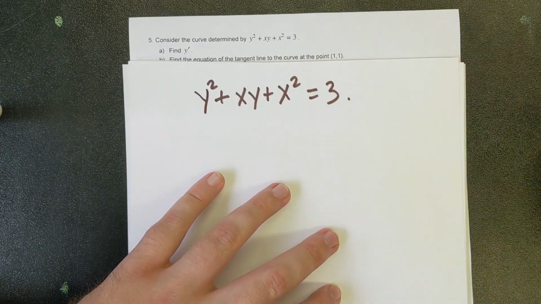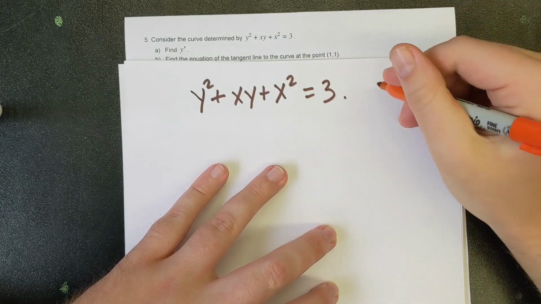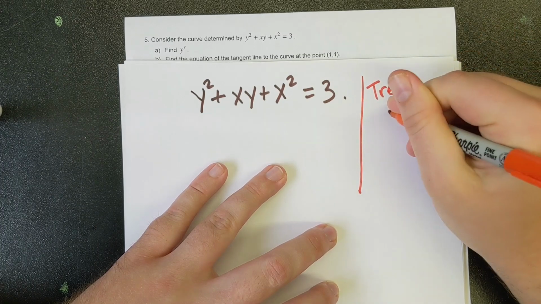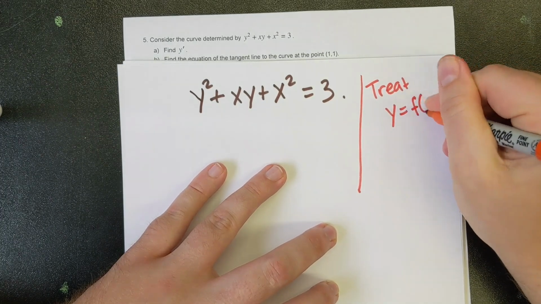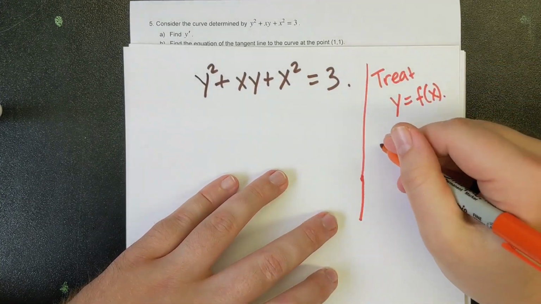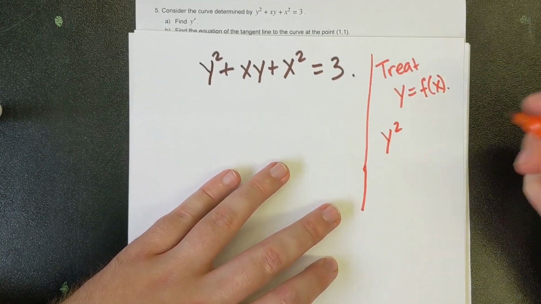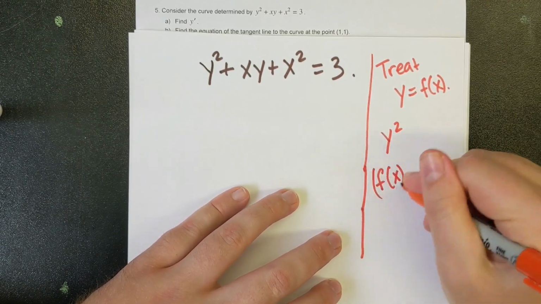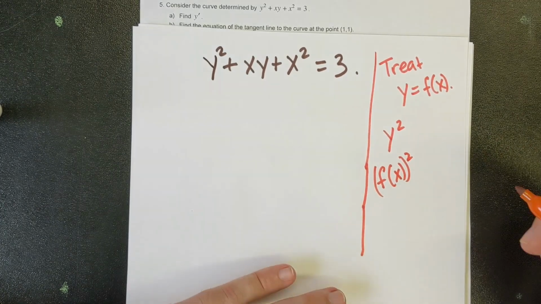So you're thinking in your head, we're going to treat y as some function of x. When I see things like y squared, what does that mean? Well, if it had been some function of x squared, you know how to find the derivative.